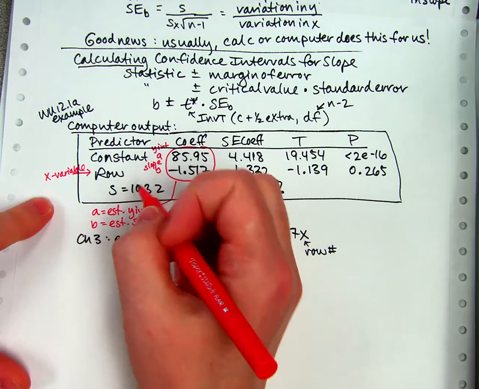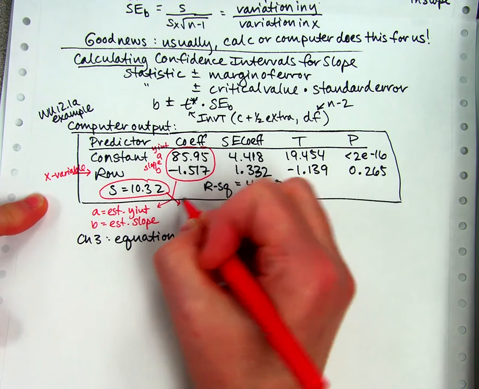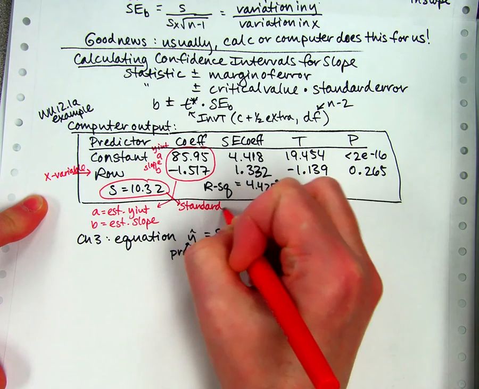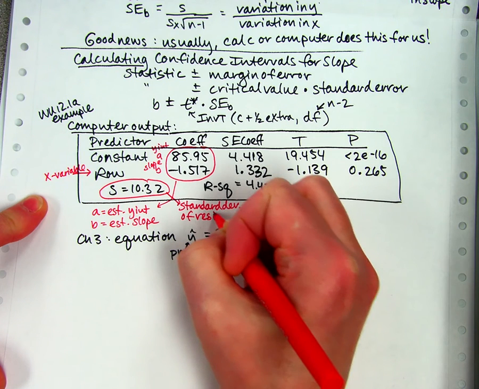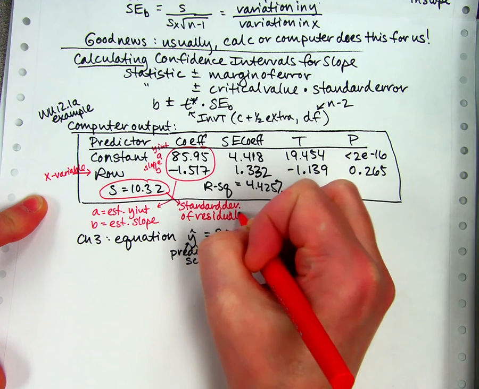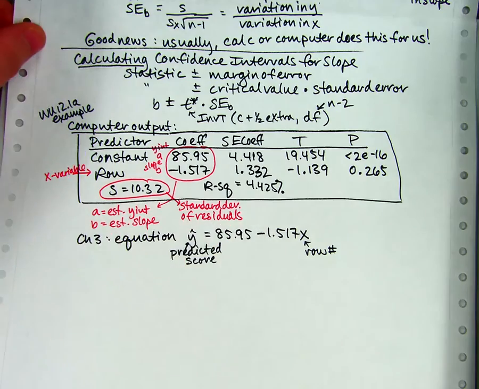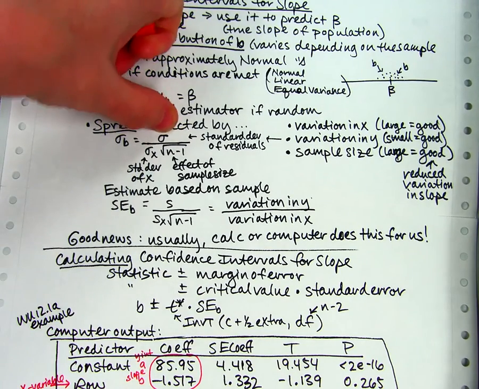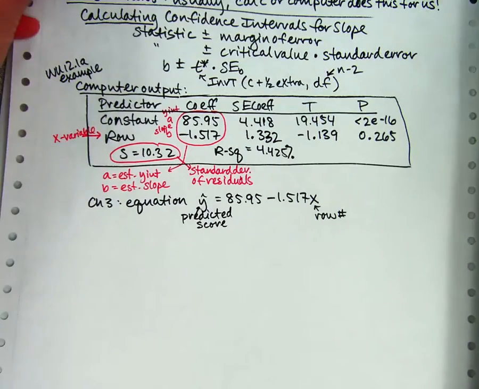We also in chapter 3 learned how to interpret this piece right here, which is the standard deviation of the residuals, or how much the predictions are off by. It is calculated from the sample, which is why it's an s. The Greek letter that goes with it, sigma, would be the standard deviation of the residuals if we had the whole population.